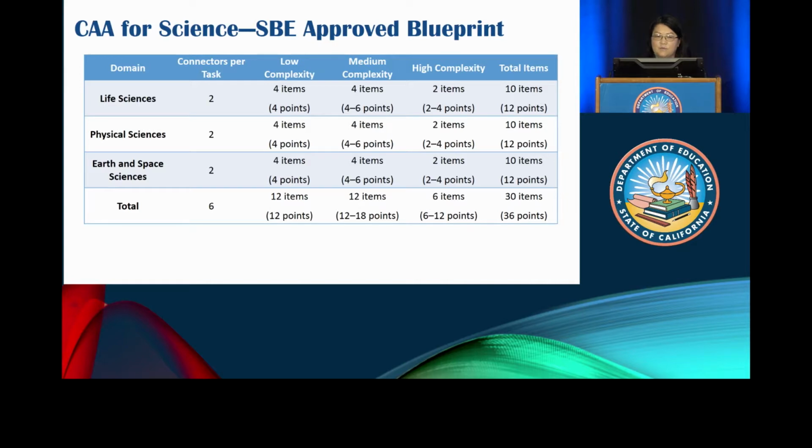Each performance task will assess 2 science connectors and consists of 10 questions. This means that students will be assessed on 6 science connectors each year. It's important now to plan the administration of the performance tasks near the time of instruction. So the field tests and operational tests will follow this blueprint.